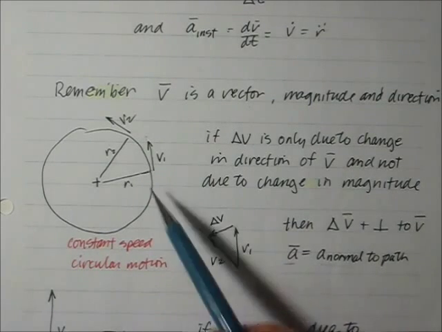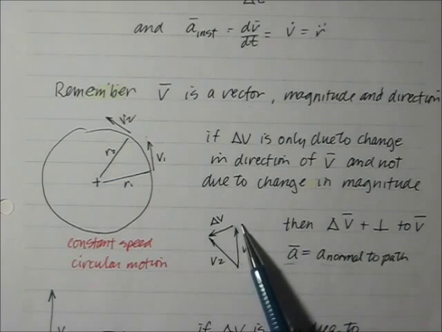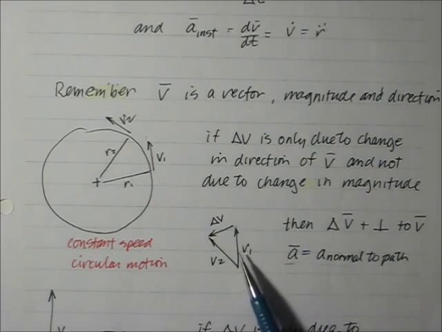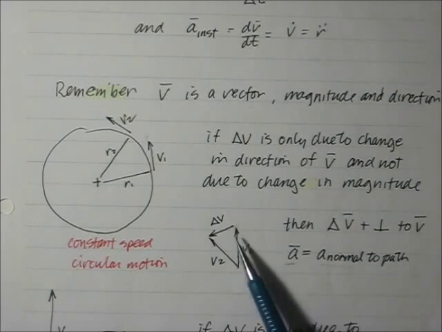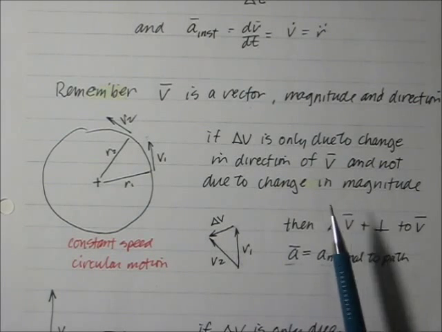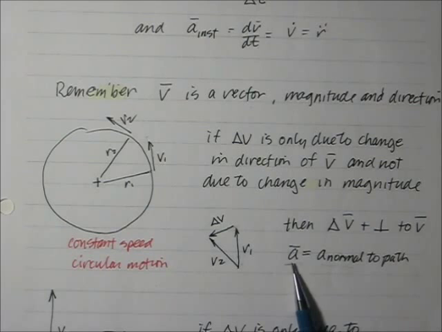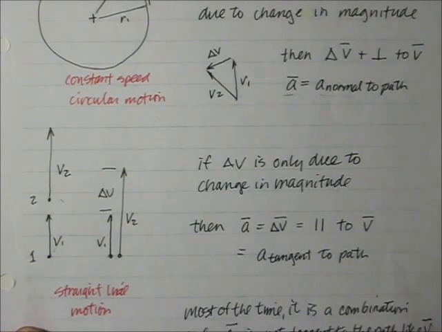And as this delta t goes to 0, you can see that those two are going to get closer and closer, and that means that delta v becomes perpendicular to the actual velocity vectors, which says that there is a perpendicular component of acceleration. And if the acceleration is only due to change in direction, then the acceleration is normal to the path, or perpendicular to the path.